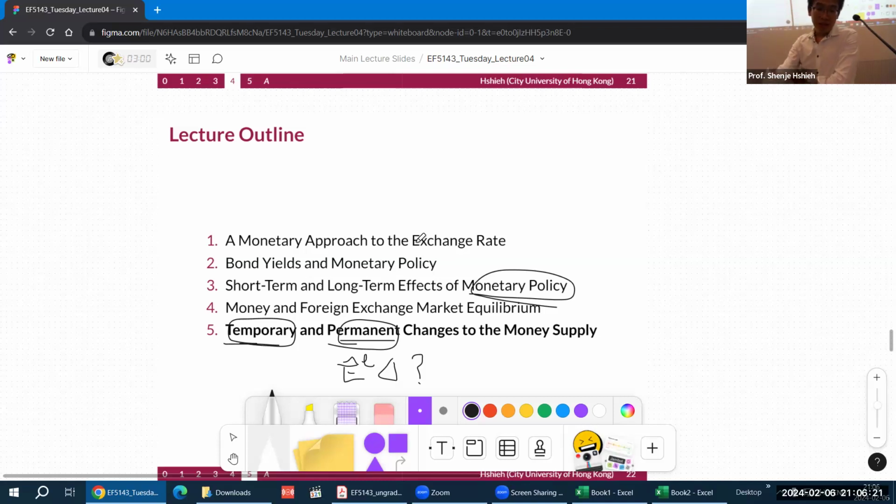Permanent changes, the example I give you is debt monetization. There has to be a permanent increase or decrease in money supply, in this case an increase in money supply, to remove my debt from the public markets. That has to be true, right? I have to pay off the holders of my debt to be debt free.